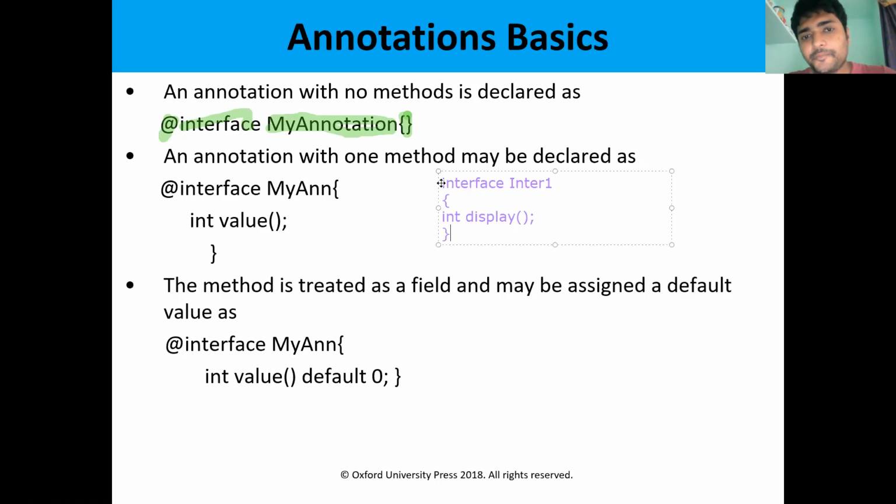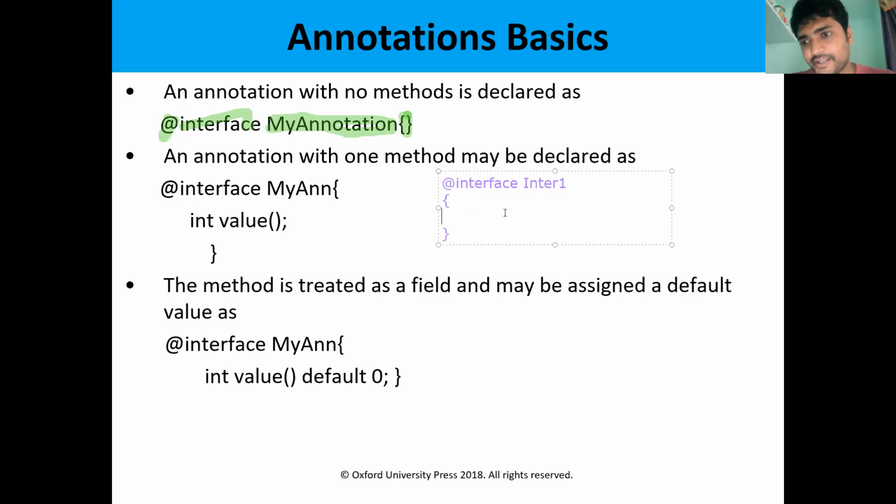If you want to create some annotation, we can create it by using the at the rate symbol. At the rate interface, then the name, the syntax is the same. If you don't have any method, we can give it empty also.